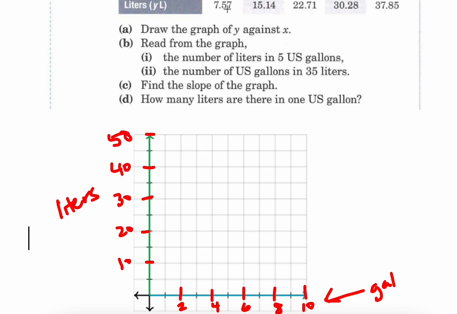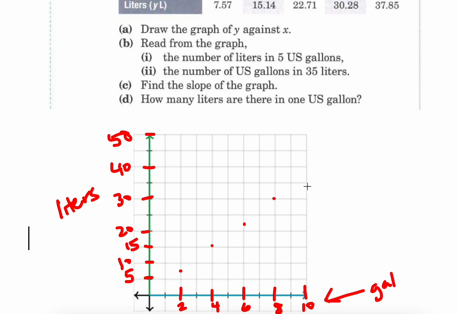Okay, so first is 2 gallons and 7.57. Well, this is 5. So 7.57 will be around here. Remember, we're estimating. For 4 gallons, it matches up to 15.14, so it'll be around here. 6 gallons would be 22.71, about here. 8 gallons is 30.28 liters.